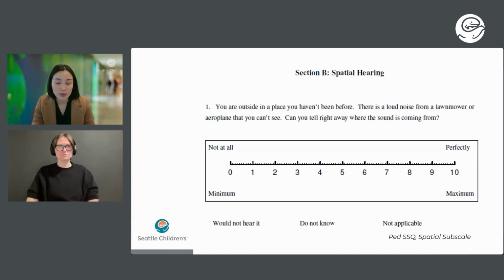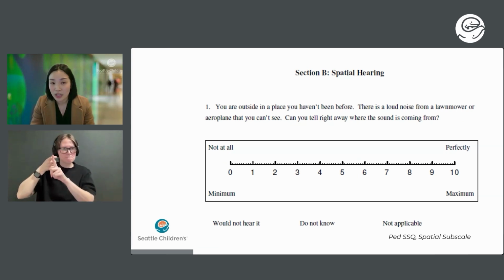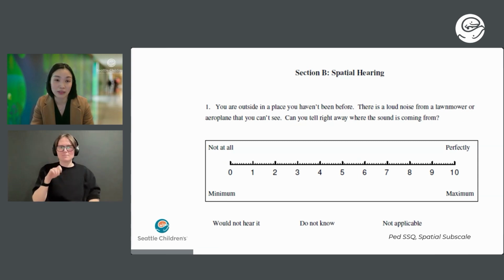Section B addresses spatial hearing, so localization, finding where sounds are coming from in space. So question 1 of this section is, you are outside in a place you haven't seen before. There's a loud noise from a lawnmower or an airplane that you can't see. Can you tell right away where the sound is coming from? And so from what we know about unilateral hearing loss, this may be something that is difficult for kids because spatial hearing is very much a binaural phenomenon, right?